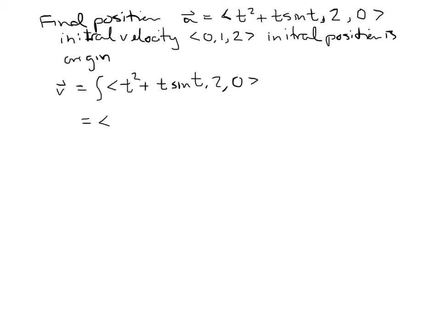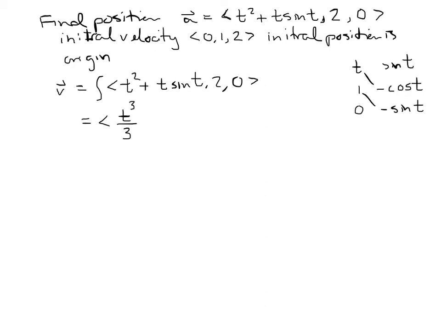When we integrate the first time, t squared integrates to t cubed over 3. In order to integrate t sine of t, I need to do integration by parts. I like to use tabular, so with tabular, I'd go t, 1, 0, those are derivatives. Sine of t, I take integrals of these, so integral of sine is negative cosine, the integral of cosine is sine, and then we keep that negative sign.